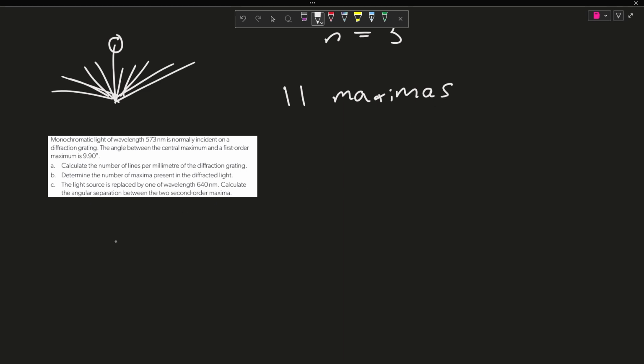So if the light is replaced by this wavelength, then the angular separation between the two second order maxima, we just write down the formula like always.